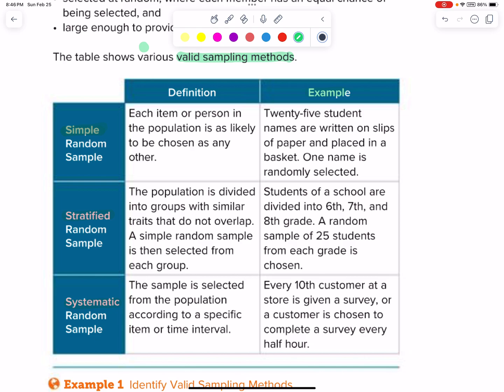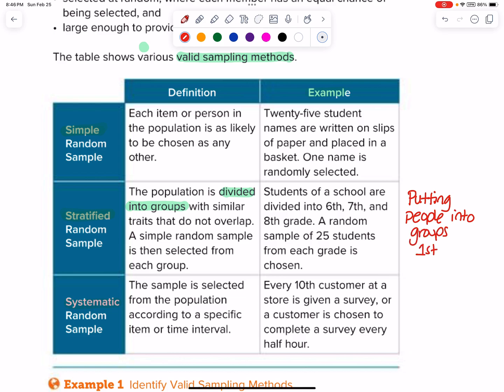Stratified is when you take a population of people and divide them into groups with similar traits that don't overlap, and then you do a simple random sample. So the only difference with this one is that you're putting people into groups first.